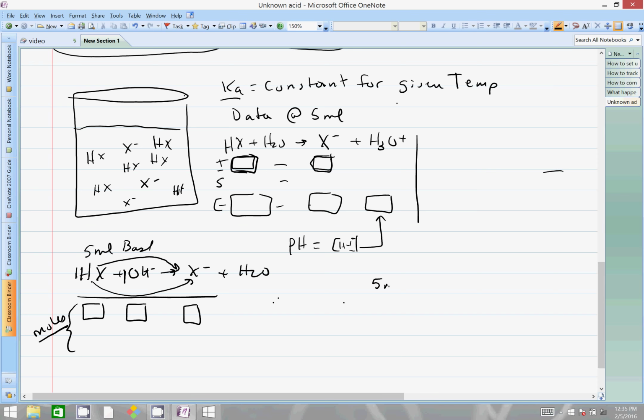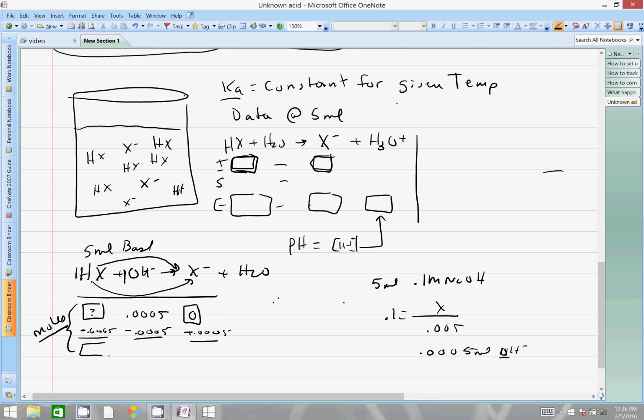Now 5 milliliters of 0.1 molar NaOH, quick math, 0.1 equals x over 0.005, is 0.0005 moles of hydroxide added. Now this is a fictional problem, but this would be 0.0005. I would lose 0.0005 and I would gain 0.0005, assuming I had none of this to begin with, and whatever I happen to have, I would lose 0.0005 of it.